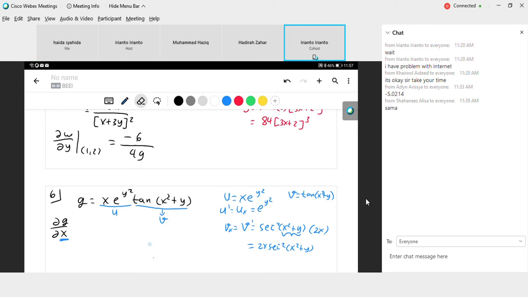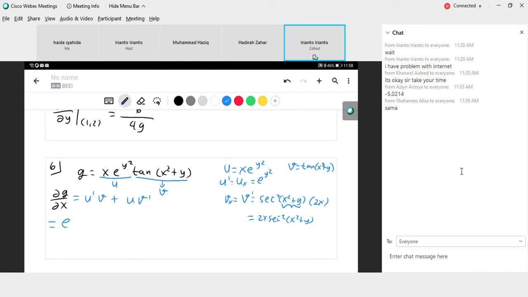Okay, so now based on this, the derivative is u prime v plus u v prime. I simply substitute the values. u prime is e^(y²), v is tangent of (x² + y), plus u, which is x e^(y²), times v prime, 2x secant square of (x² + y).